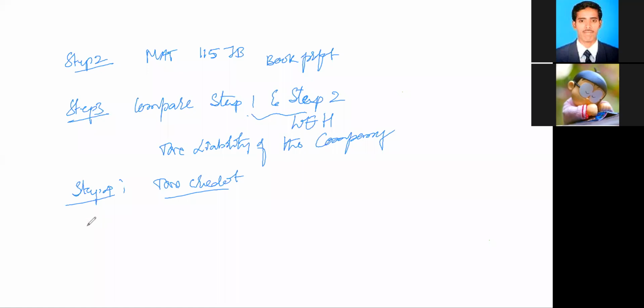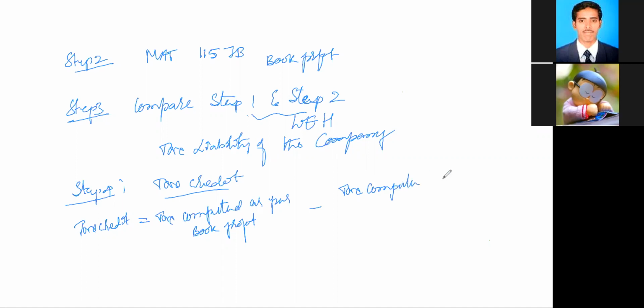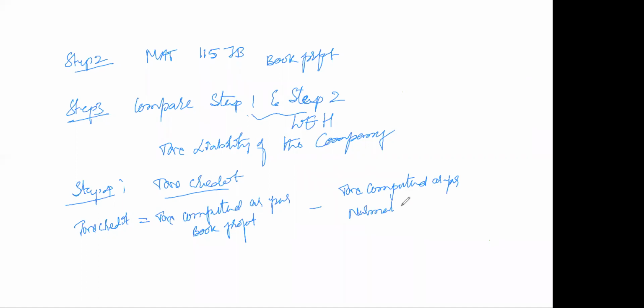The formula is, ಇದಕ್ಕೆ we are using: tax computed as per book profit minus tax computed as per normal provision.